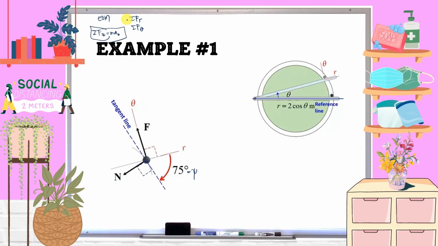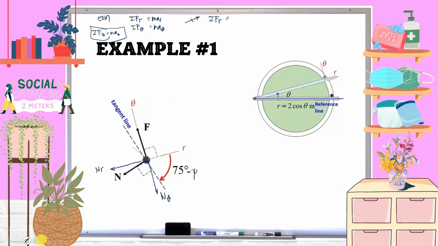So for the summation of force, this will be m a sub r and m a sub theta. For the representation along r, we say that upward to the right is positive, so the summation of force along r equals, what are the forces? N sub r, and along the transverse, we have F and also our N sub theta.